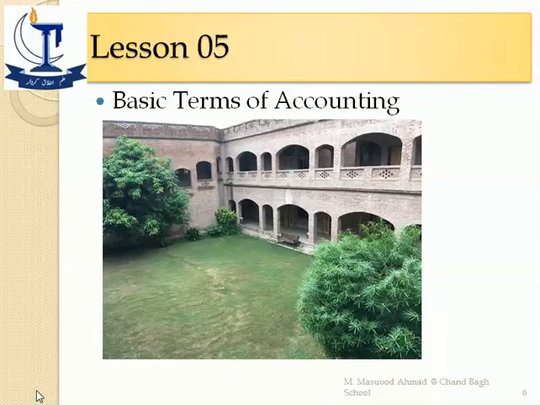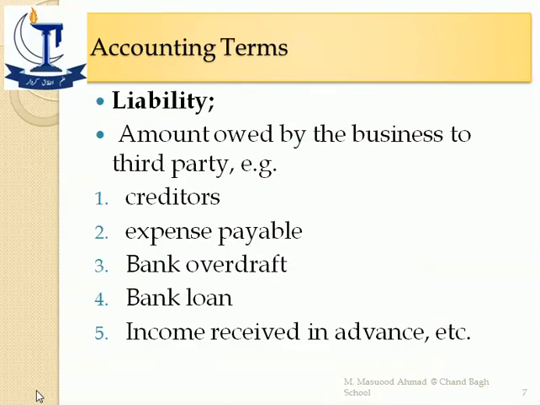So let's see. A liability is an amount owed by the business to a third party. For example, if a business owes money to creditors, the creditors become the liability of the business.